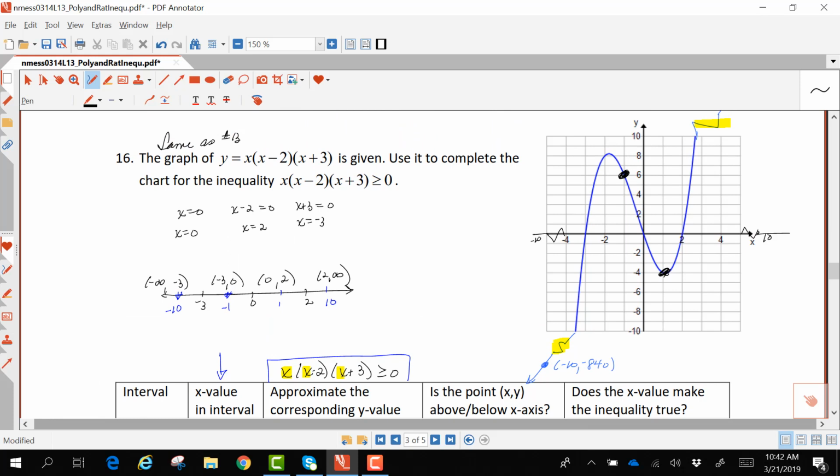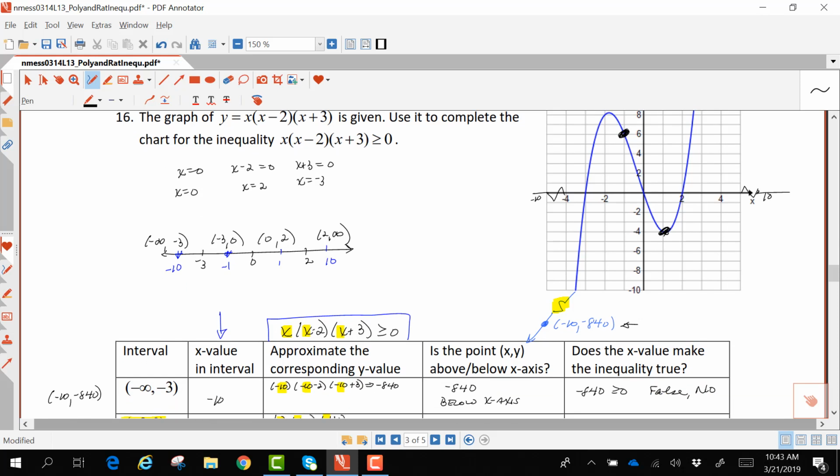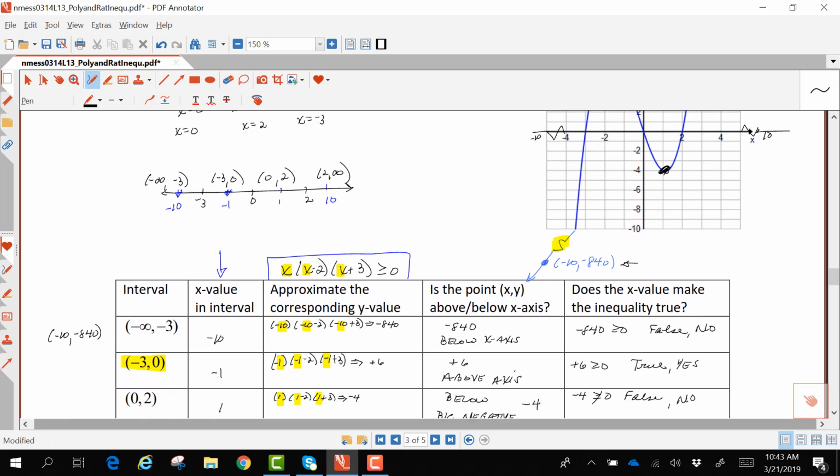Now when I plot this on the graph, you can see that -10 is really not fitting on this graph. So I kind of spliced it a little bit where I have it highlighted so I could force that point on the line. So you can see that the point -10, -840 is definitely below the x-axis, which is why I wrote below the x-axis.